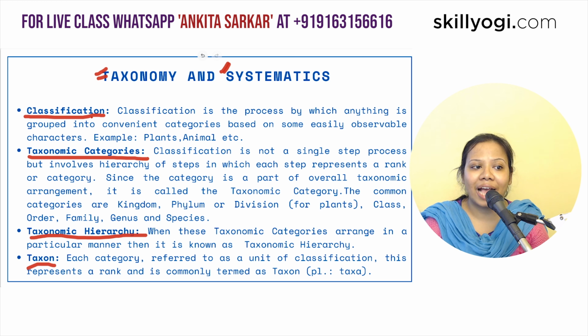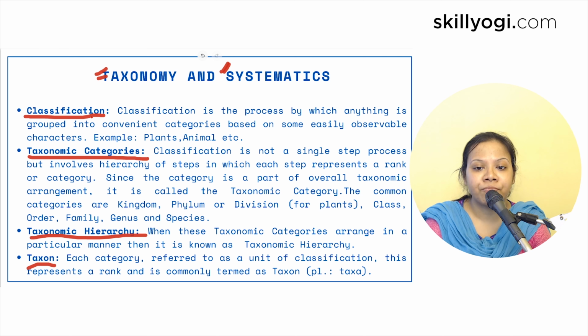Classification means to classify anything in the living world or species. How do we classify them? By observing their external characters, easily visible or easily observable characters, by which we can classify the species.